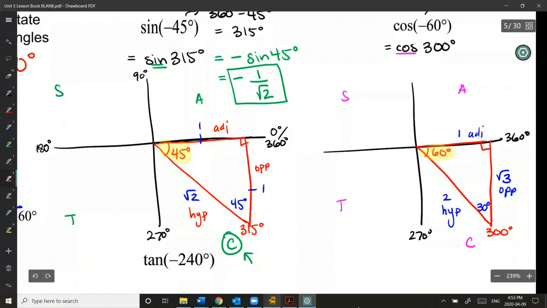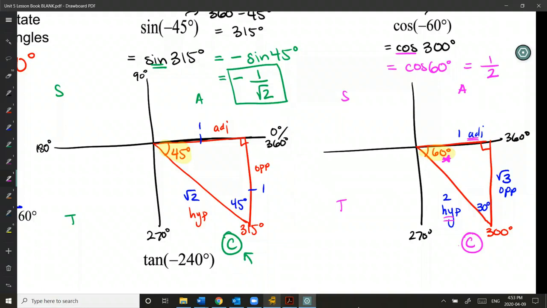And because we're taking the cosine of something in the cosine quadrant, our answer will actually be positive this time. So this is going to be equal to the positive cosine of the reference angle, which we found to be 60. So cosine of 60, think SOHCAHTOA. Cosine of 60 is adjacent over hypotenuse, which is 1 over 2. And again, it's positive because I'm taking the cosine of an angle between 270 and 360, which is in the cosine quadrant.